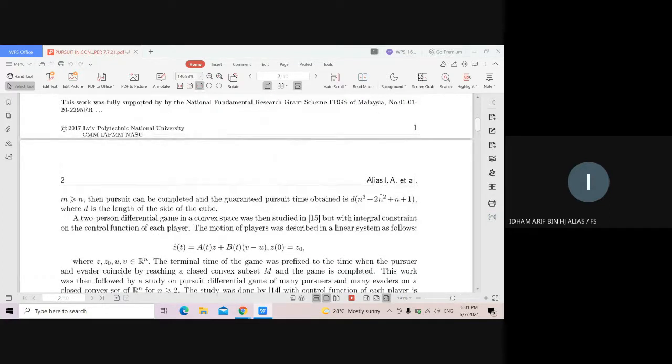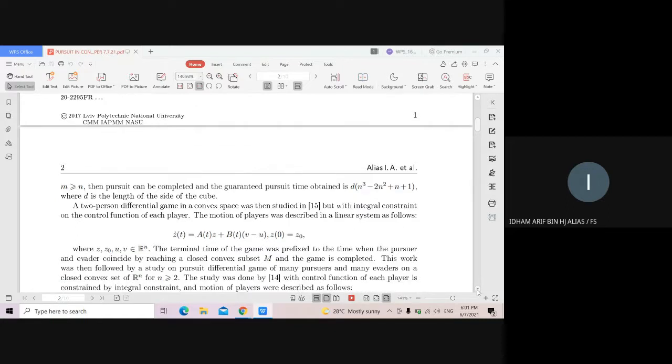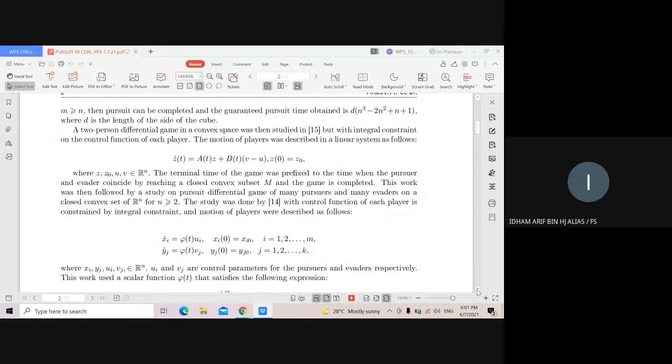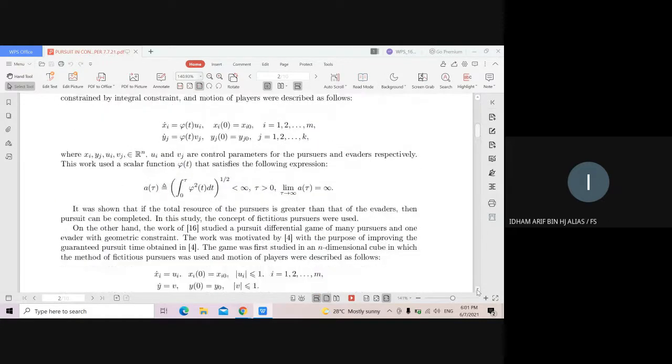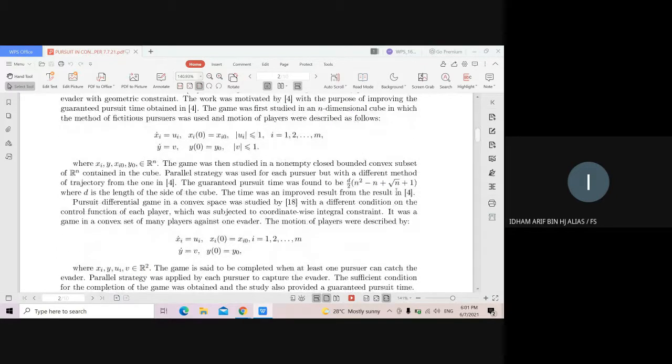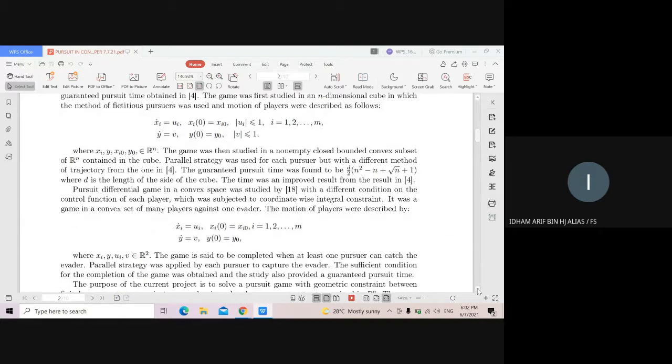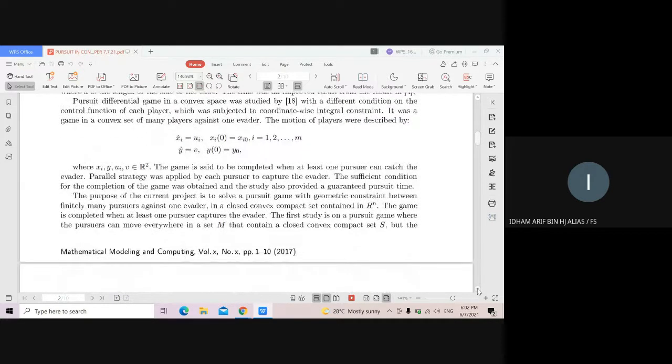This guaranteed pursuit time is from 1980. I think, yes, it was a long time ago. Then that guaranteed pursuit time was improved in 2015, and the result is this. So now our project is to improve this guaranteed pursuit time.